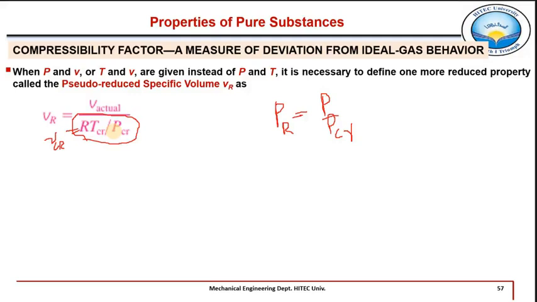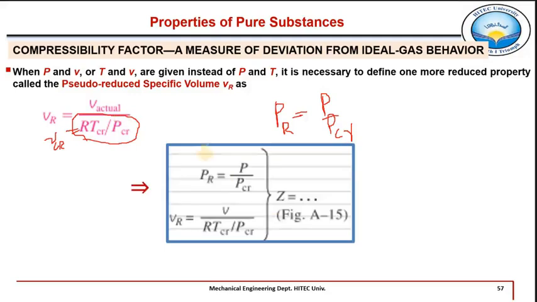R is the gas constant, and T critical and P critical are taken from the tables for the particular gas. Okay. So now we have introduced VR, and that ratio is also known as pseudo-reduced volume. This was reduced pressure, similarly reduced temperature, and this is specifically named pseudo-reduced volume.